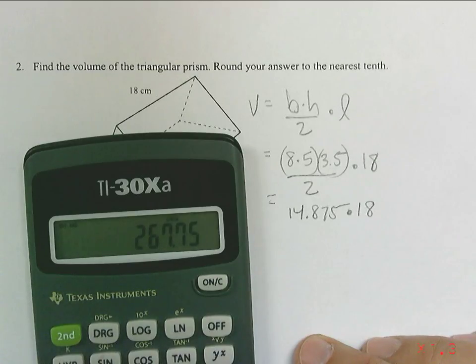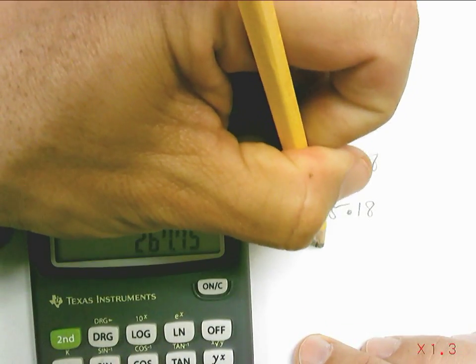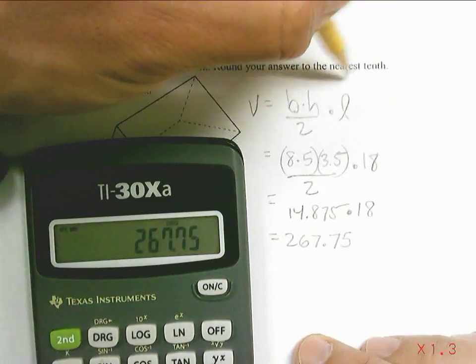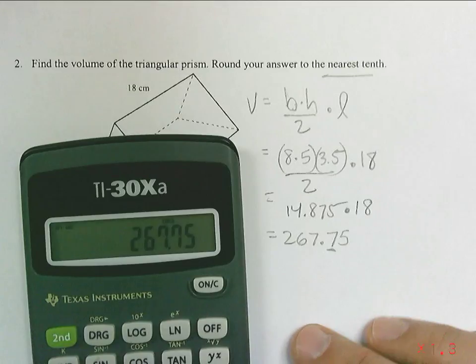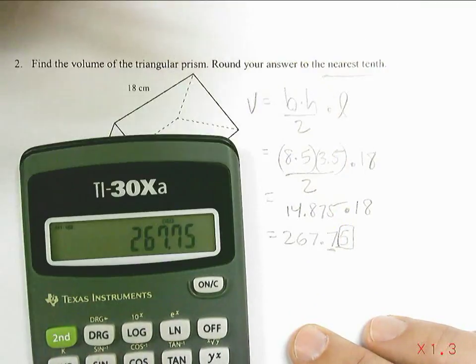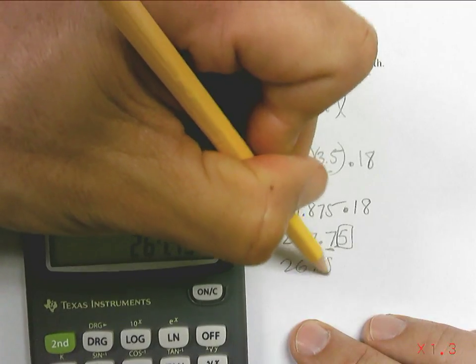Yeah, I did something wrong. No, I didn't. 267.75. Round to the nearest tenth. That's a tenth. So you look at this. Since that's 5 or more, this goes up to 8. 267.8.